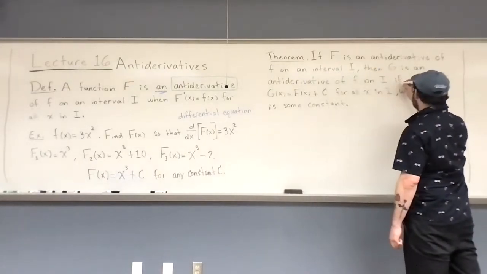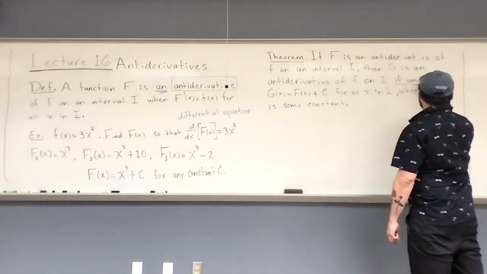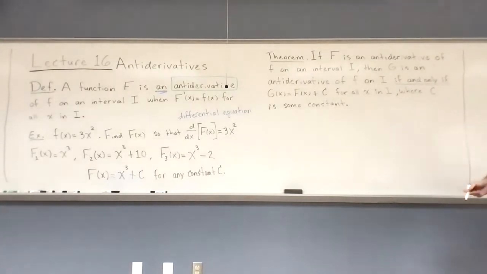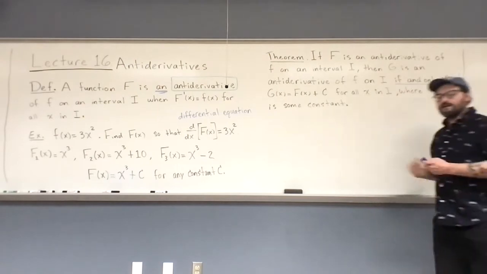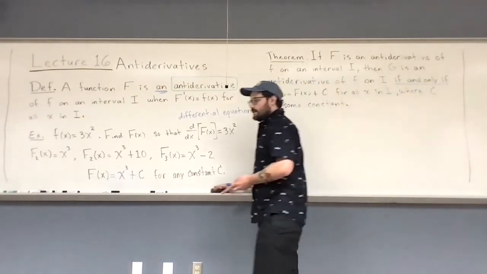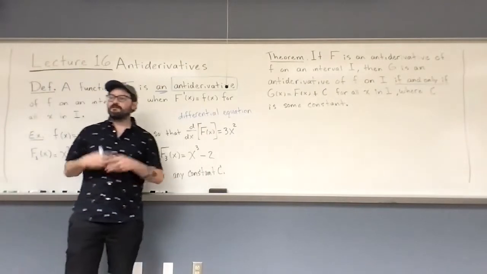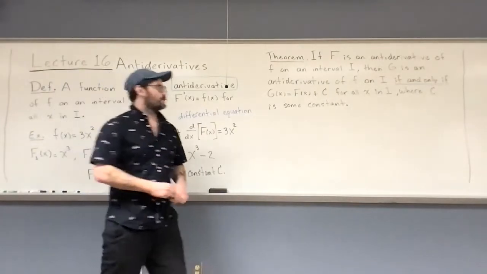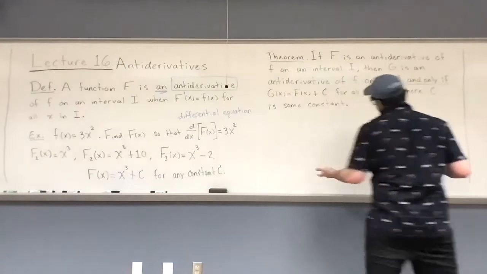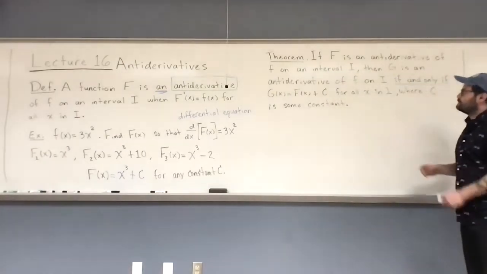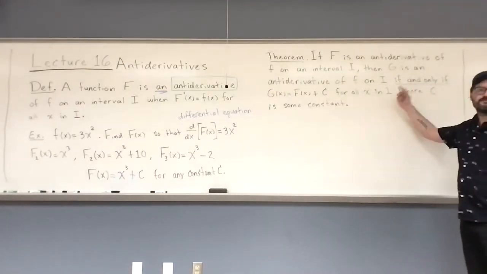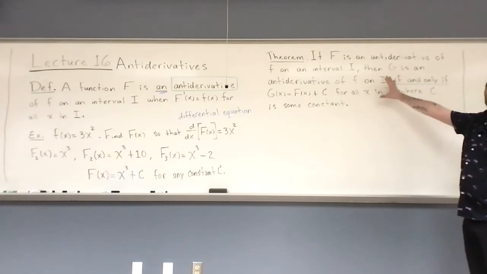Because we're going to prove this, I need to point out that there's an if and only if statement here. In logic, if and only if statements are like equivalencies between logical statements. It's what's called a biconditional statement, so there are two parts to this theorem.